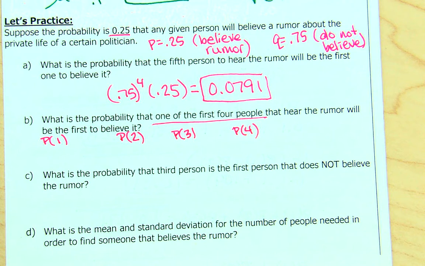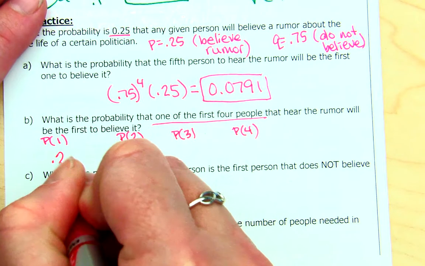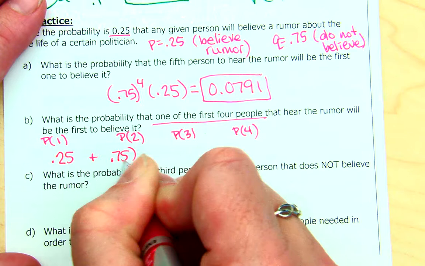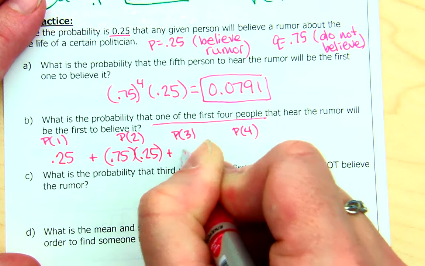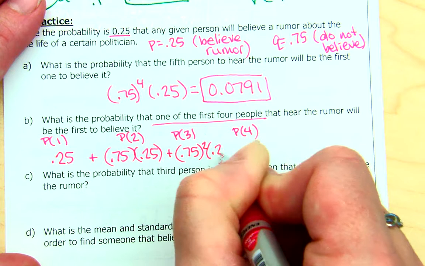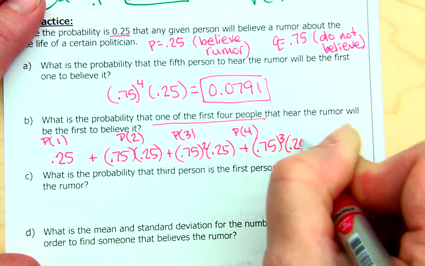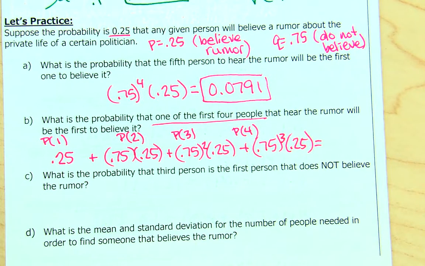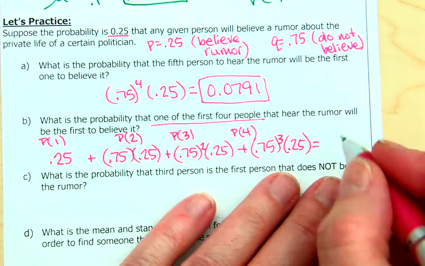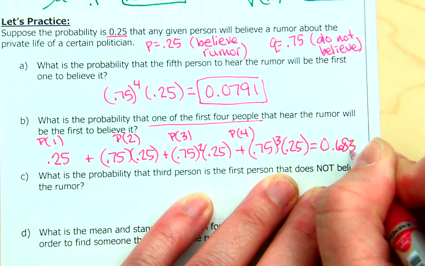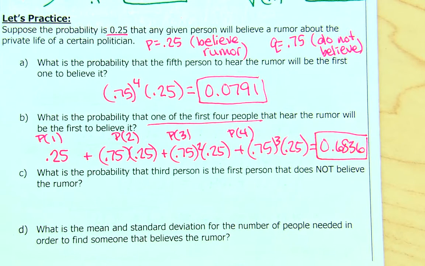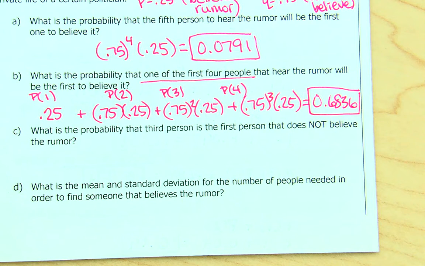So we have to find each one and add them together. Doing okay?